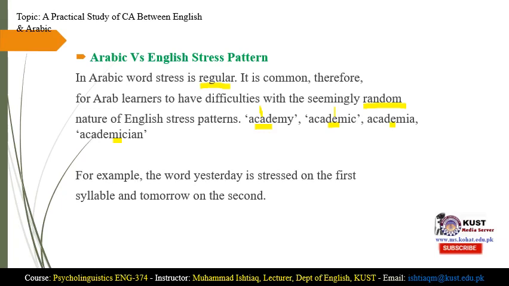It's yesterday, the very first one, but this one is tomorrow, so it's on the second. So we may not be sure which word is stressed where. We need to be very careful about the stress pattern. Unlike Arabic, it is mobile. It is, we may say, random or mobile. It changes in different circumstances with different features.